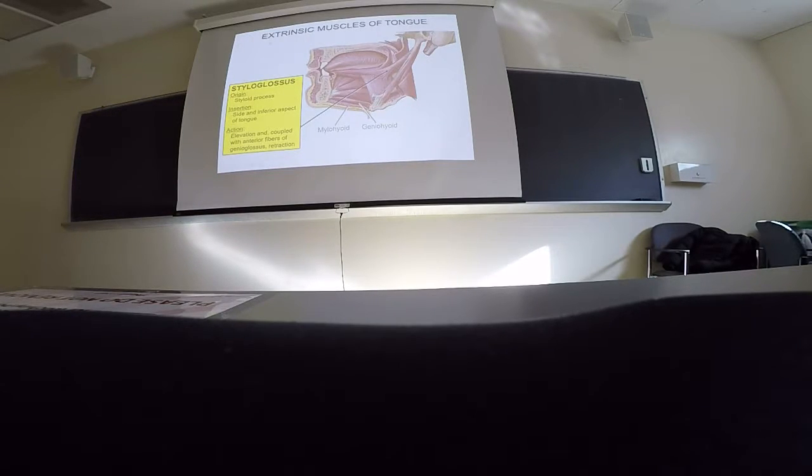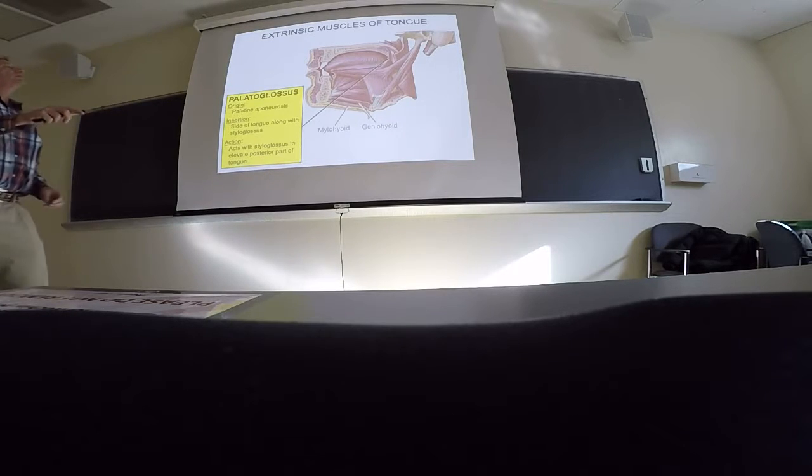And let's show the little arrow. Okay. And then the one we've talked about several times, the palatoglossus that surrounds the tonsillar bed, coming from the soft palate up here, this palatine aponeurosis, and going into the side of the tongue, forming the palatoglossal arch that surrounds the tonsil.